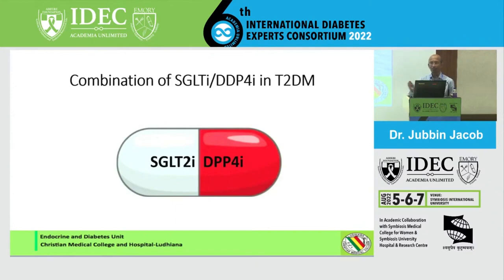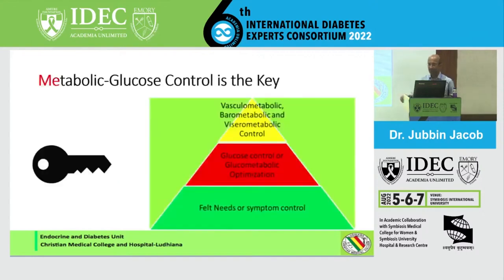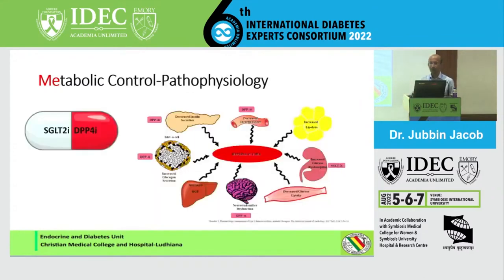So now the question is, it's a big pyramid, and we have so many things on the pyramid. Can we achieve all this with a simple combination of an SGLT2 DPP4 inhibitor? Whether this is the key. If we consider that glucose control is the key, I think this is a drug with extremely good glucose control. One of the reasons is that it is going to work on multiple pathophysiologies which underlie any patient with type 2 diabetes.